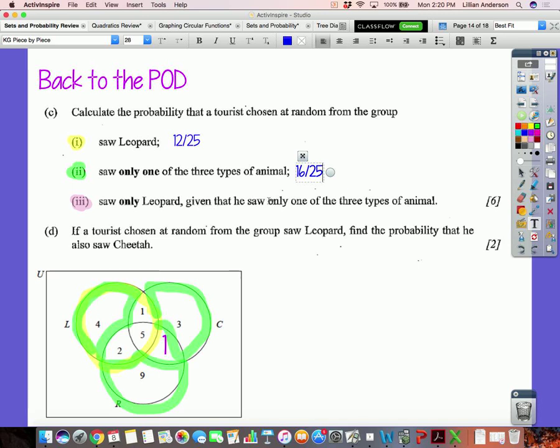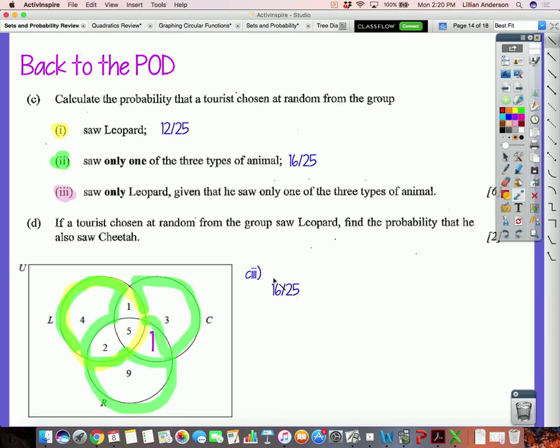What is the probability that they only saw one of the 3 types of animals? 16 out of 25. Our answer to part 2, correct? And that's how a lot of times these problems go, guys. If they give you a conditional probability, more than likely you already figured out the answer to the denominator or some part of the problem at a previous part, okay?